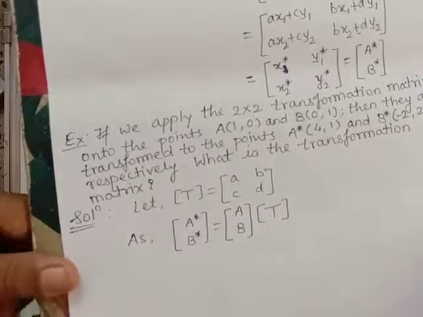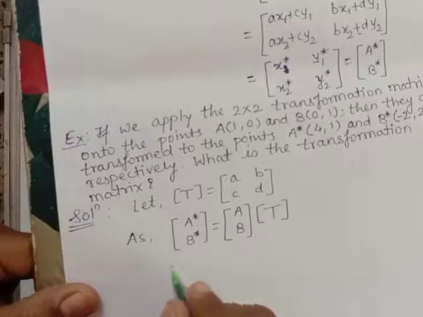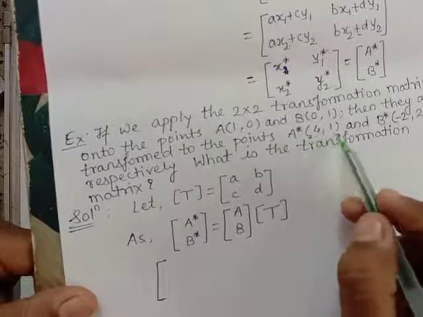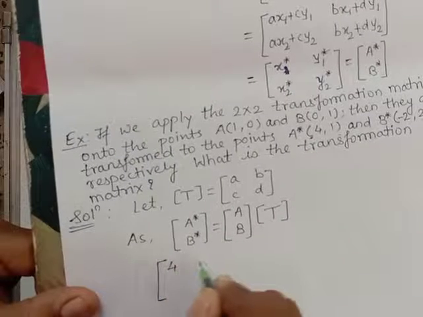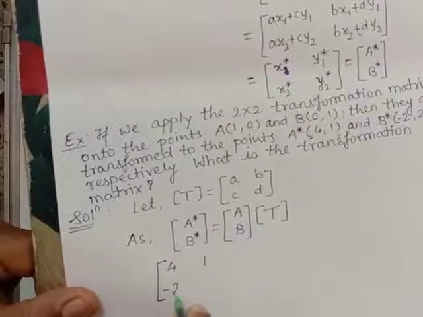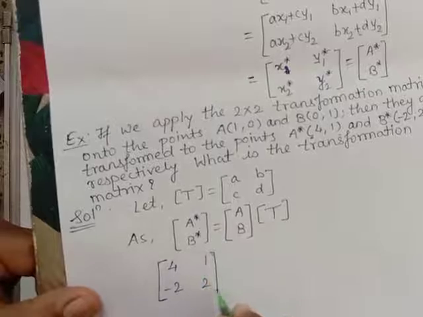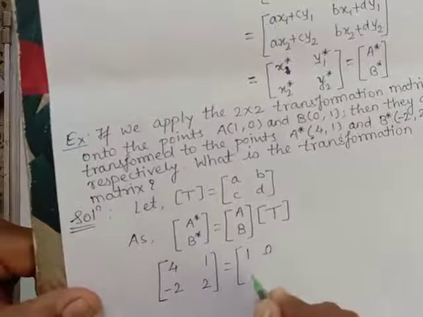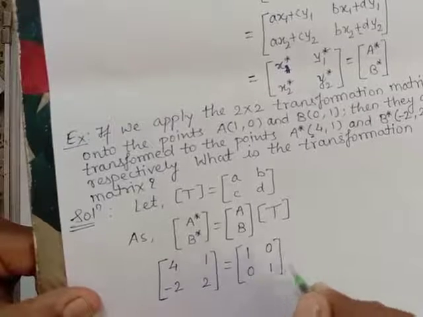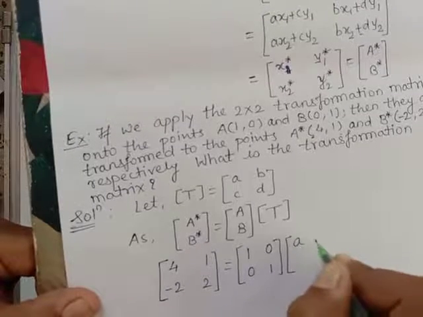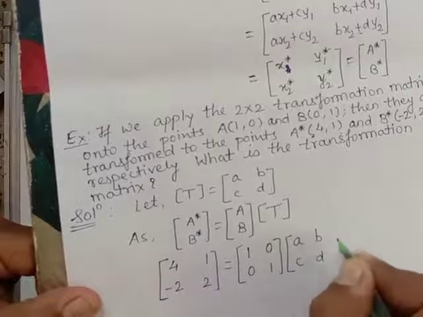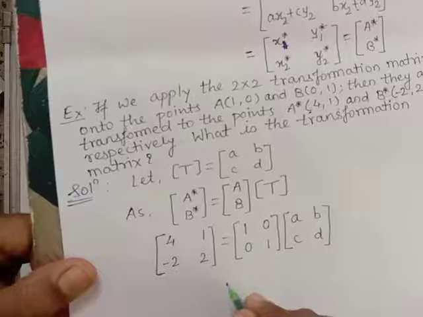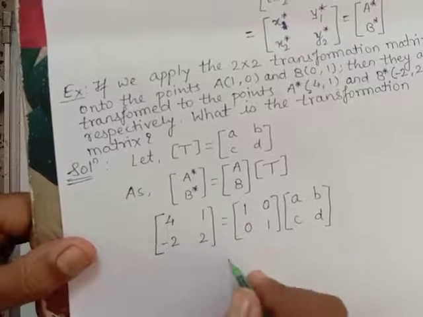This is A star B star. Now what is given to us? A star having the coordinates (4, 1) and B star (-2, 2). This is given. That is equal to what is AB? [1 0; 0 1] into [a b; c d]. So this is an identity matrix of order 2 by 2.